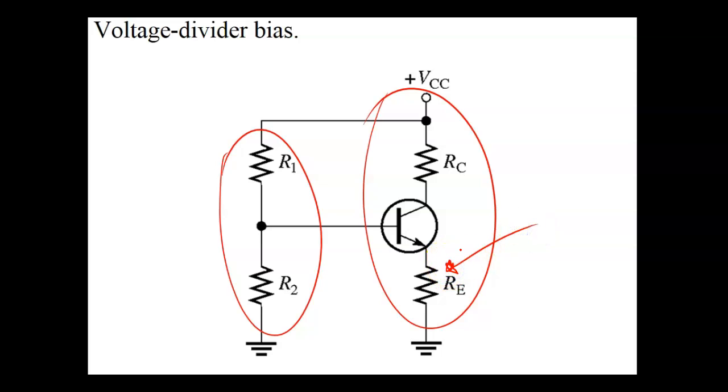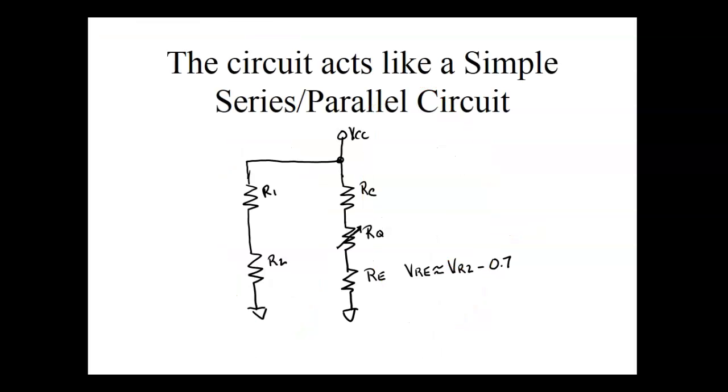This is going to let us ignore beta. Whatever I set that current at, it's going to be there no matter if it's 100 degrees or 30 degrees outside. So that resistor there is for temperature stability. So this is the equivalent circuit.